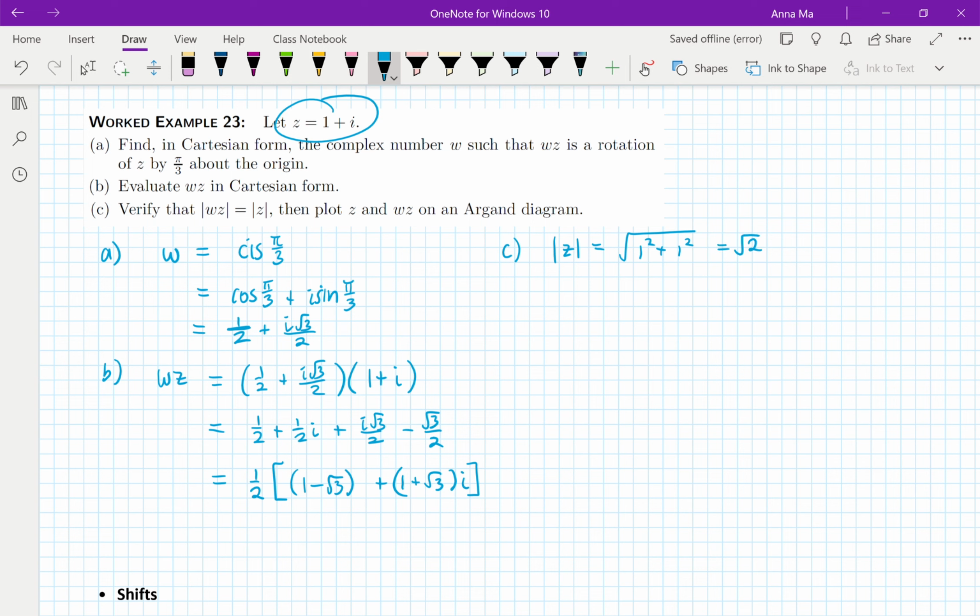We get root 2. Easy. And then for the modulus of wz, we could do Pythagoras' theorem on this one, but as you can see, it's pretty complex. So we're going to try and find a shortcut.